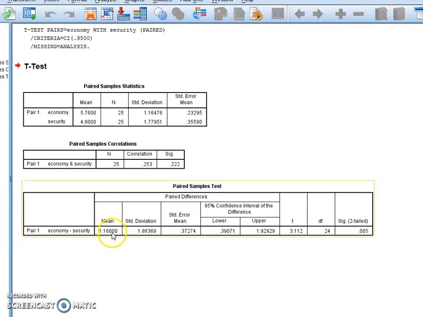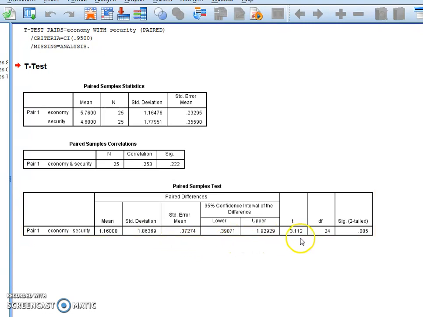So this mean right here actually shows the difference in the two means. If you look up here, you can see 5.76 minus 4.6 gives us that mean. That's really the mean difference between the two. They've subtracted the means for both of those items, and then it gives us the standard deviation of all those differences.